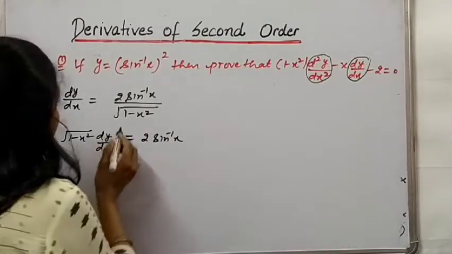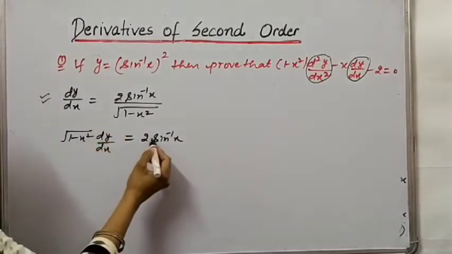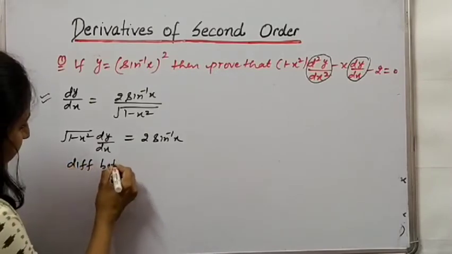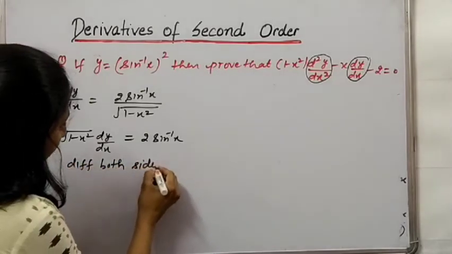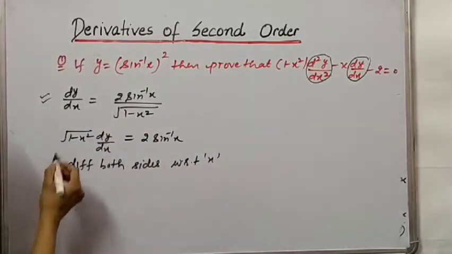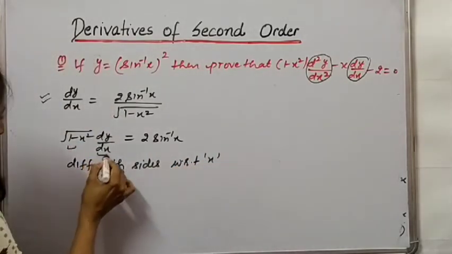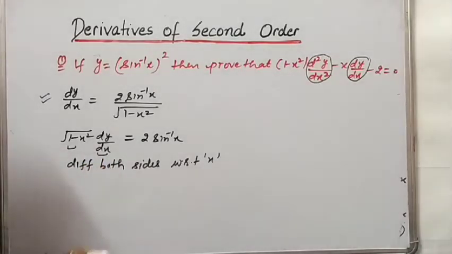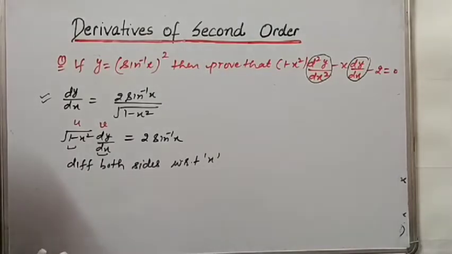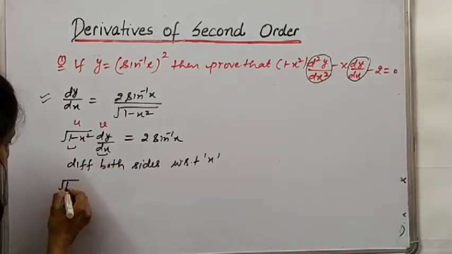So here root 1 minus x square into dy by dx is equal to 2 sine inverse x. Now differentiate both sides with respect to x. So first of all we will apply the uv rule: root 1 minus x square into the derivative of dy by dx. First of all we will write root 1 minus x square.